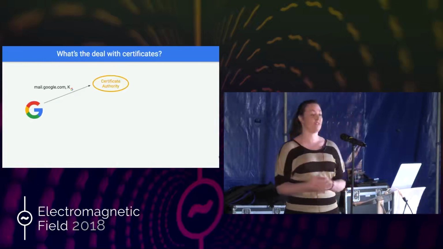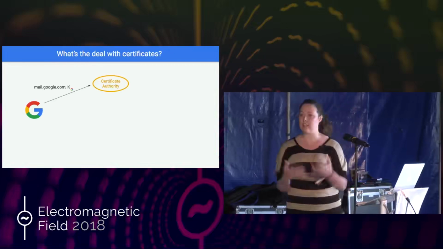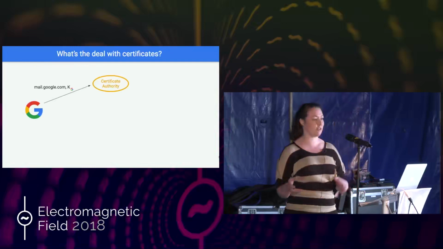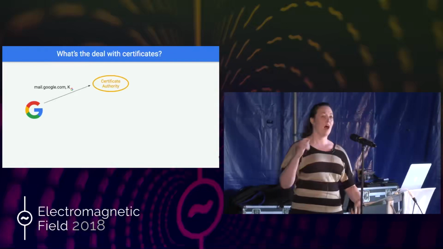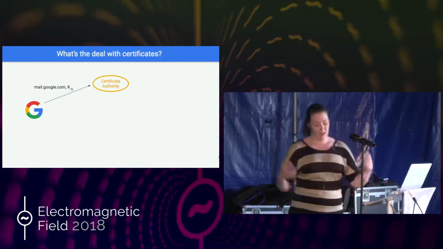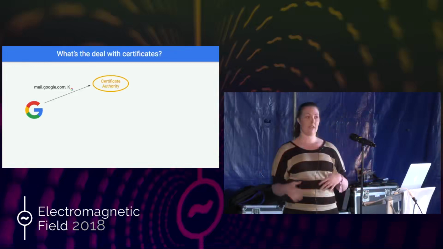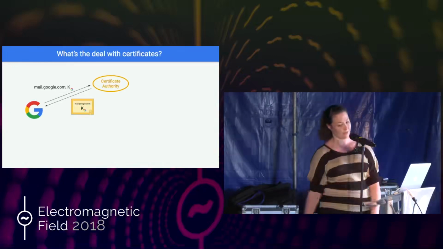Please, can you issue a certificate to me? The certificate authority will take this information, and it'll take a look at it, and it'll run a bunch of checks to convince itself that, first of all, this is actually Google it's talking to, and that all of the information provided is both correct and truthful. And if the CA is happy with this information, it'll sign a certificate, issue the certificate, and send it back to Google for them to use.